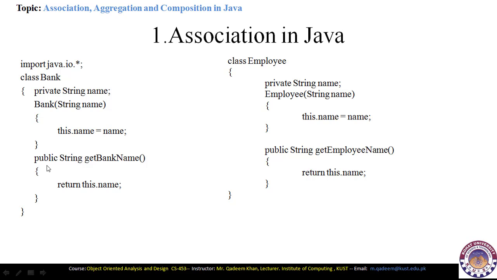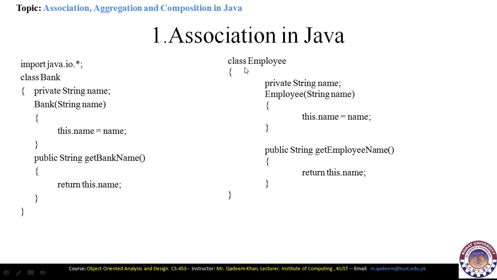Then we have public String getBankName. This is a function or a method of return type String and access specifier public, and it will return the name string. So it will in fact return this string which has been passed in the constructor.